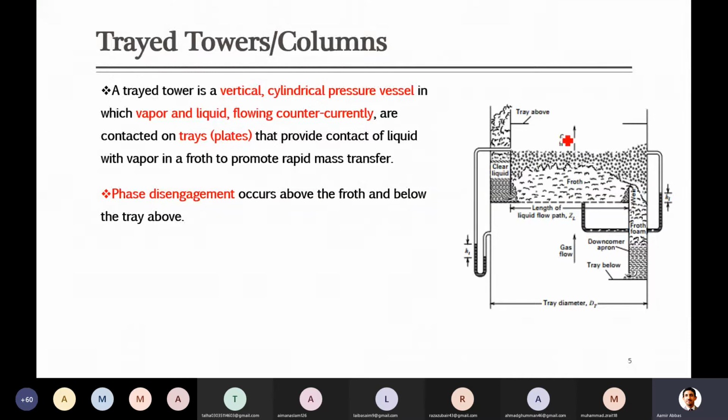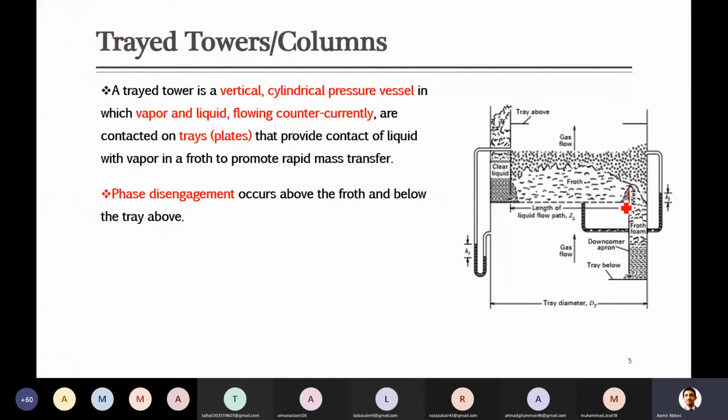I think you have already studied this in this relation. Hopefully you know that above each tray there is some space. These trays are not installed one just above the other. There is a gap between them, and above the liquid there is something we call a weir.